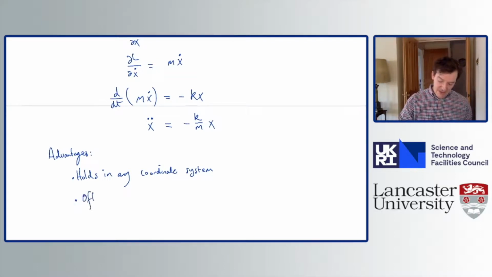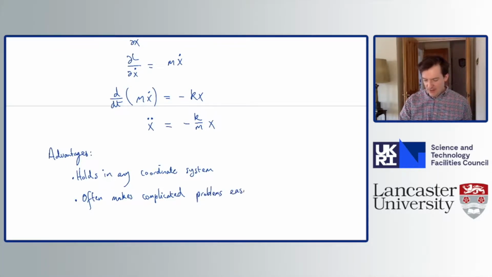If any of you have actually taken a full course in classical mechanics, you'll know that this formalism often makes complicated problems very easy to solve. I remember when I first took a course on this as an undergraduate, I was given all of these complicated problems with spinning tops and rings spinning within rings and multiple pendulums and all sorts of complicated things, which I wouldn't even know how to approach solving in Newtonian mechanics.